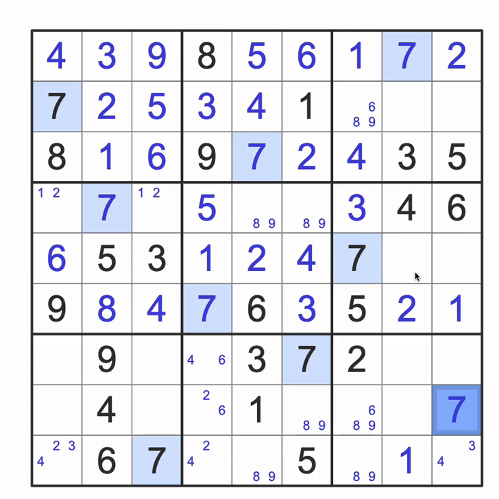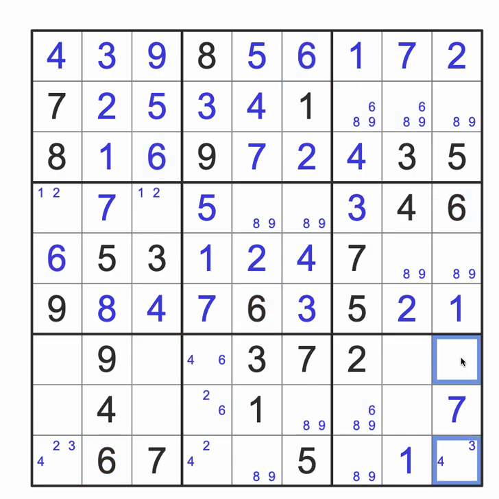Okay. And now these 2 cells are also 8 and 9. And these 3 cells are 6, 8, 9, but this cell is blocked by 6 in box 6. So it's 8, 9 double again.